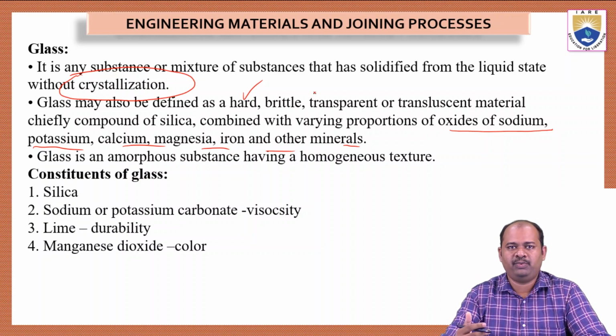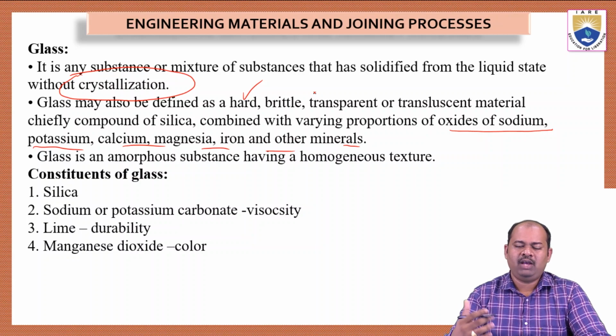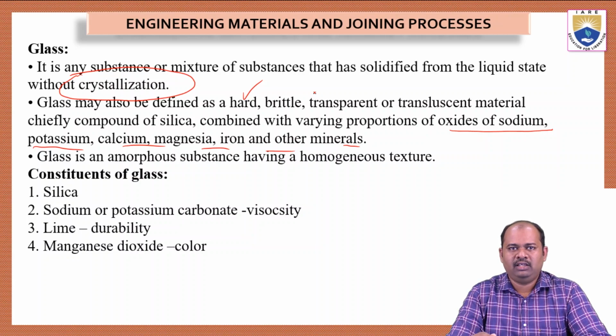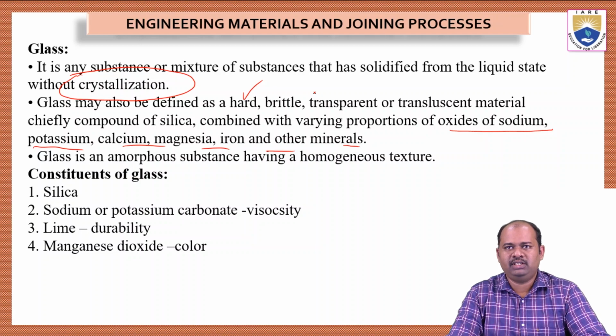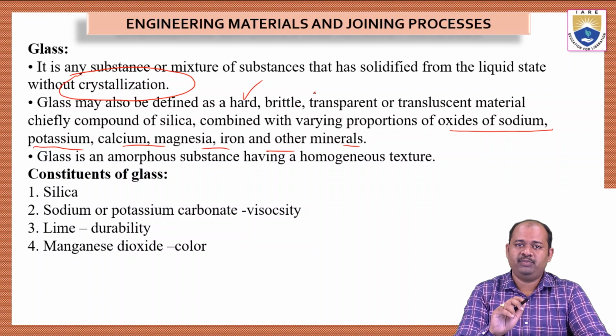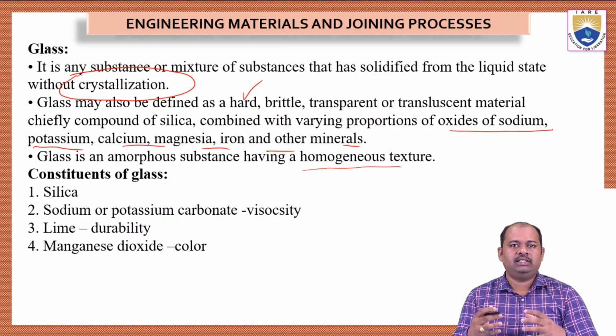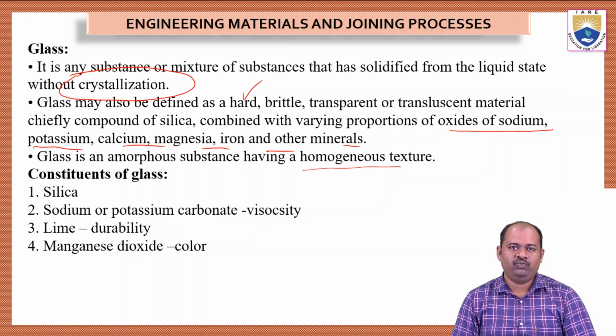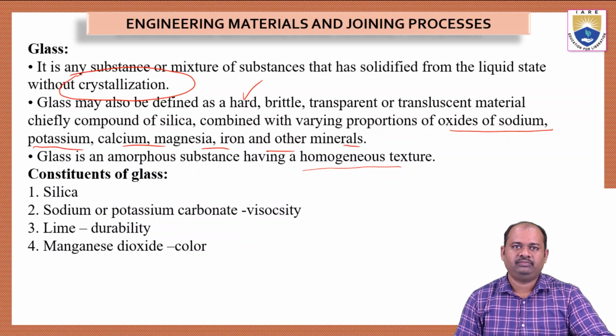This is the best property and has many applications. For example, in a room we can attach window glasses through which ventilation will come. Glass is also an amorphous substance having a homogeneous structure, and because of this homogeneous structure, it has the transparent property. We can see through the glass.